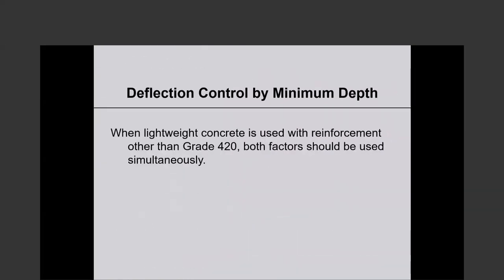So there are tabulated values. The tabulated minimum depths are for normal weight concrete, grade 420 reinforcement. When I said normal strength, I meant normal weight. If you have lightweight concrete, there is an adjustment to the table.